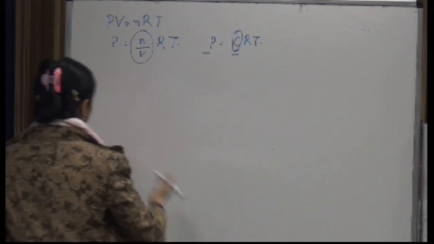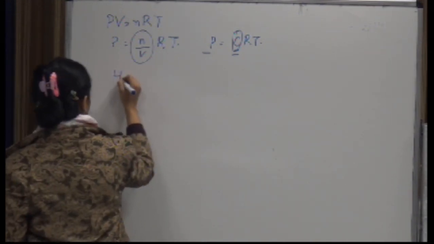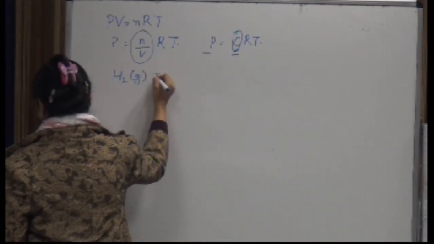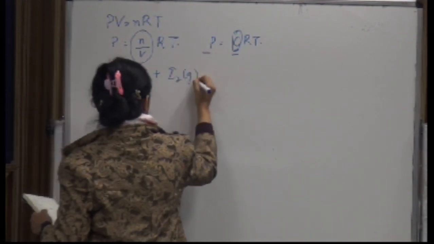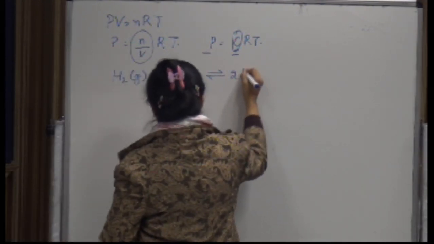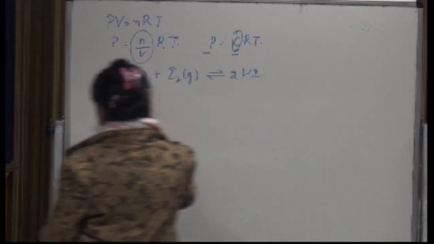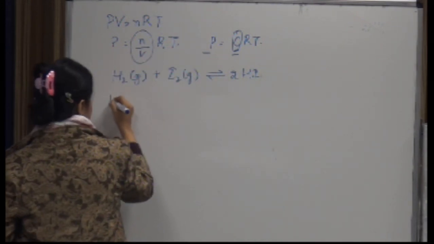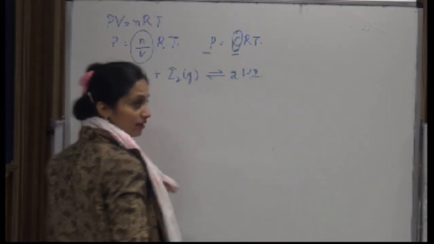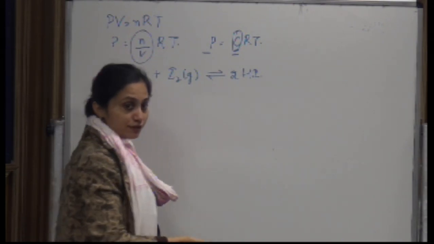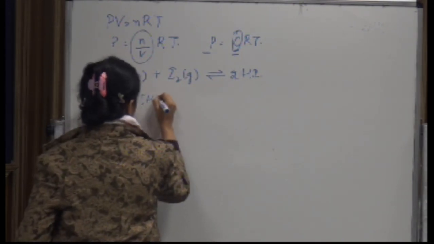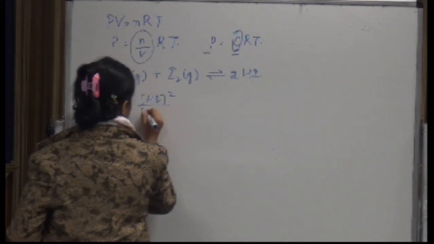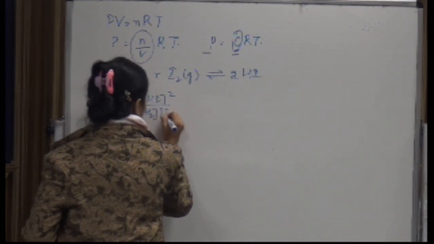Now if I take up a reaction like H2 gas plus I2 gas giving 2HI, I can write down my Kc. Kc is easy, you have written it so many times. It will be [HI] square upon [H2] into [I2].